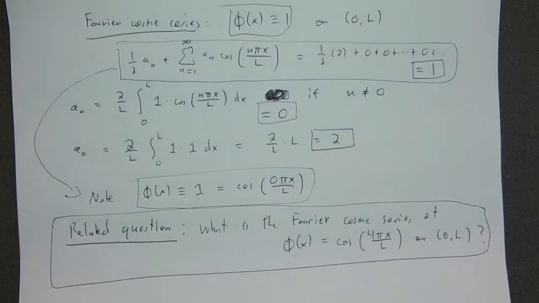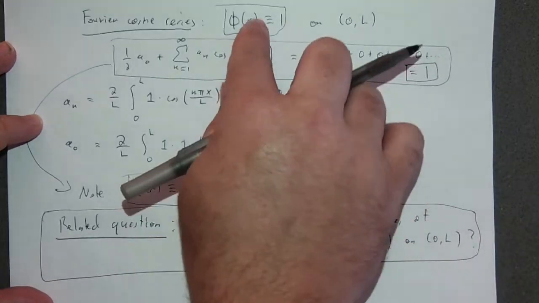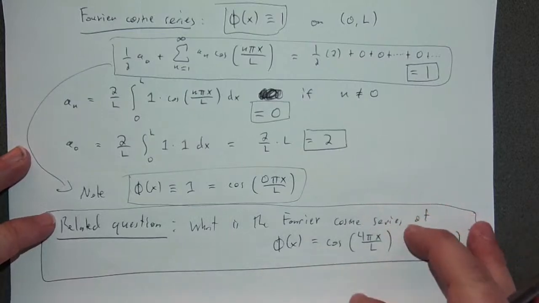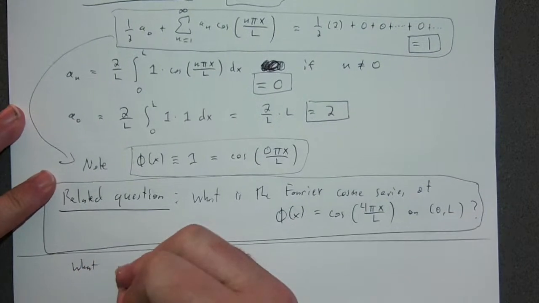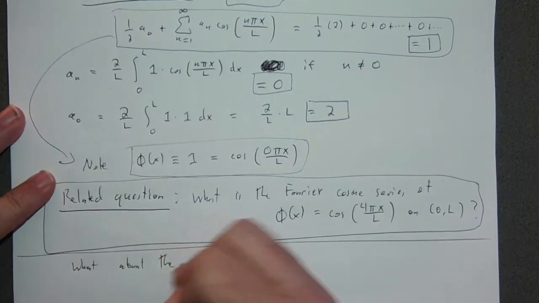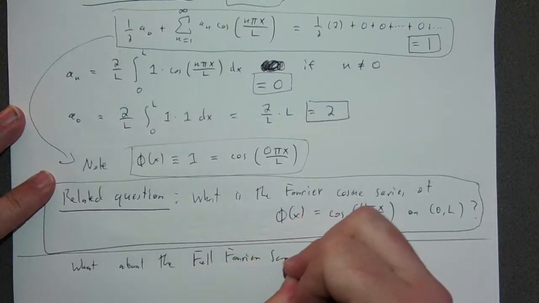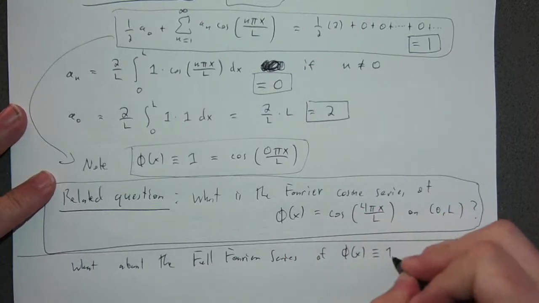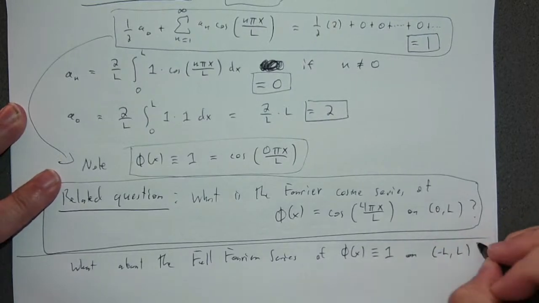So, what has happened here? Well, maybe if we look at the full Fourier series for the same function, the question is a little clearer. What about the full Fourier series of the same function, v of x identically 1, on minus L to L?